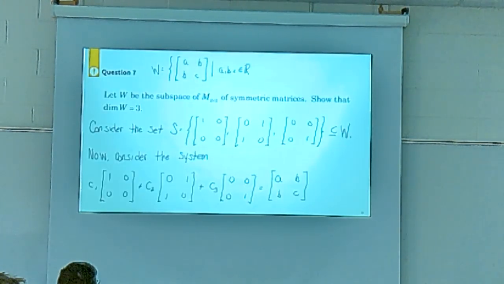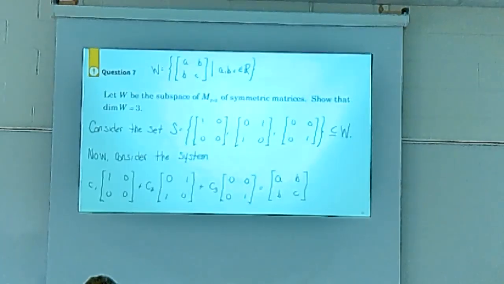And that's what all 2 by 2 symmetric matrices would look like. Well, look what we get. C1 equals A, right?